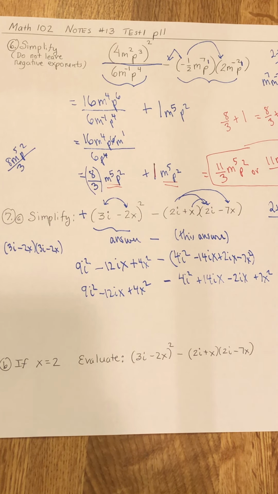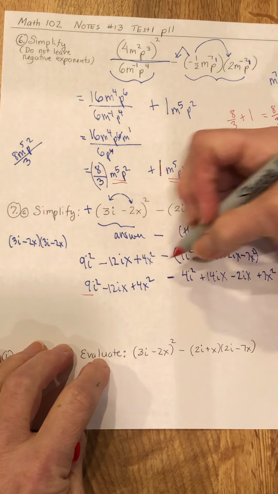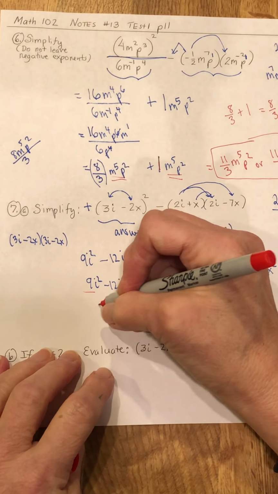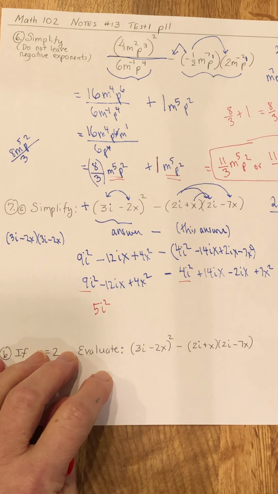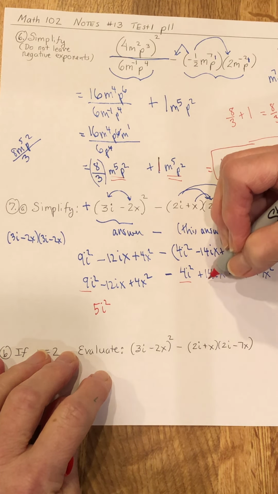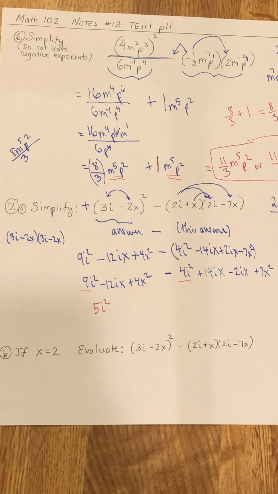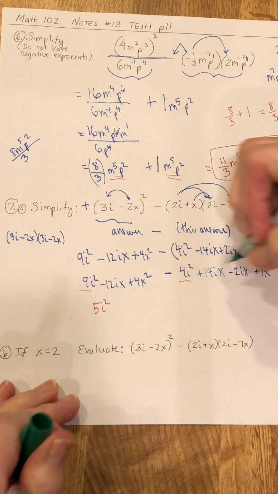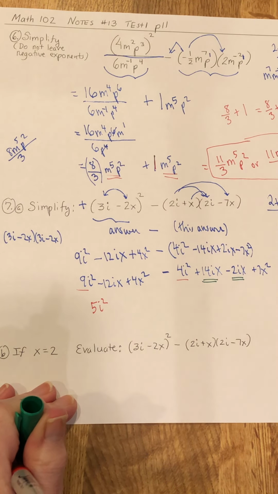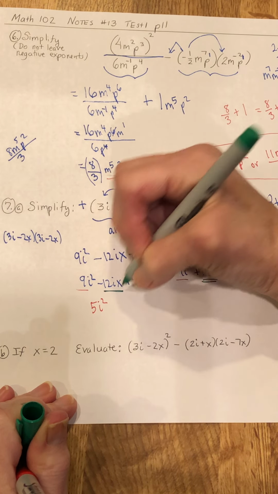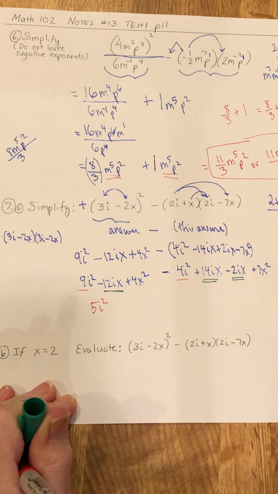I'm just going to collect my like terms. 9i squared minus 4i squared is a positive 5i squared. Okay, now check this out. Use another color. I'm going to start over here. It just makes it a little bit easier. 14ix minus 2ix is positive 12ix. But then you subtract 12ix, that's 0.